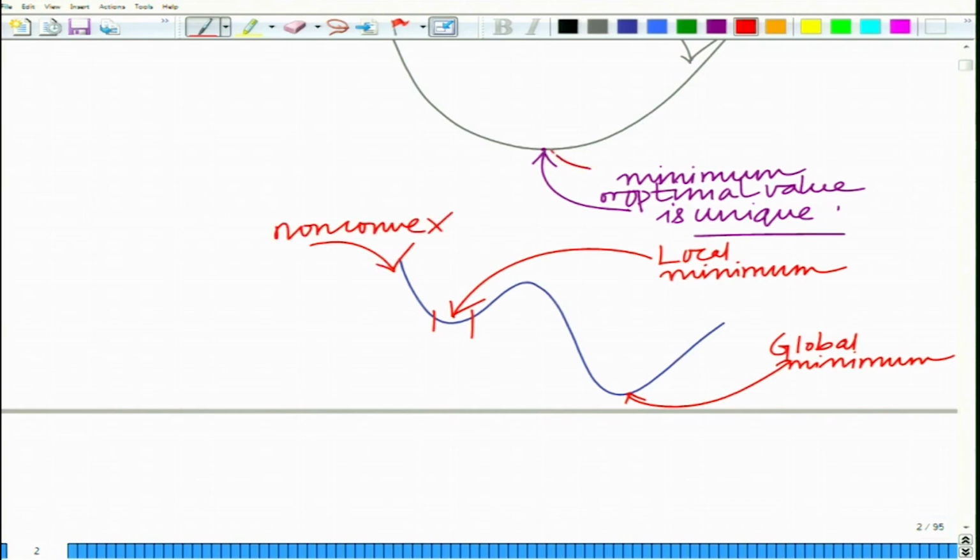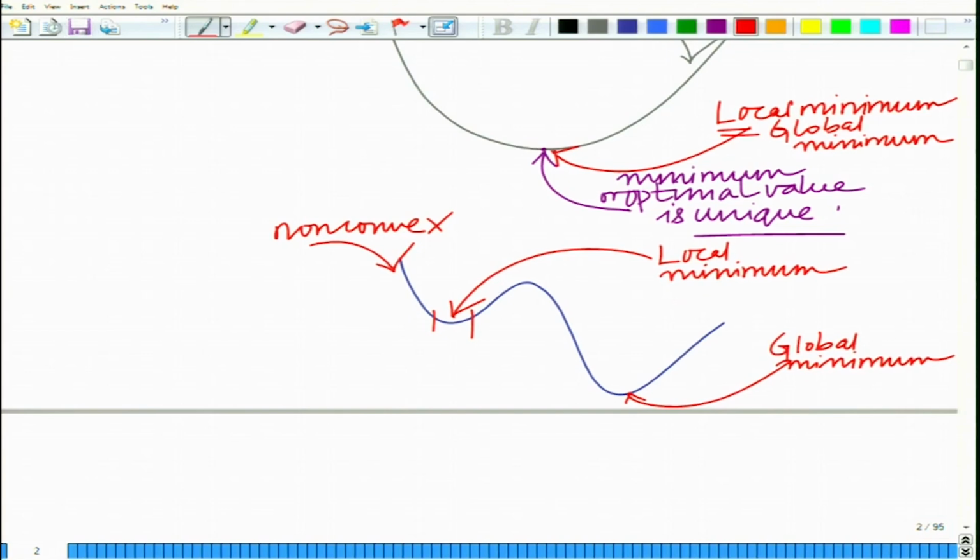However, here in the convex case, any local minimum is the global minimum. That is the advantage of convex optimization. In non-convex problems there can be very many local minima and only one global minimum.